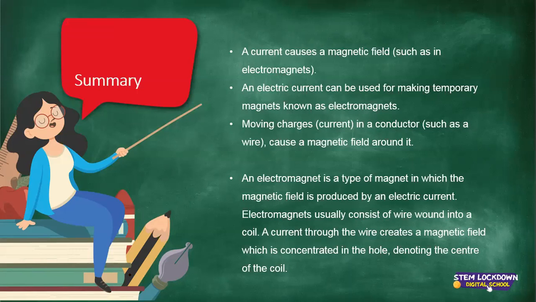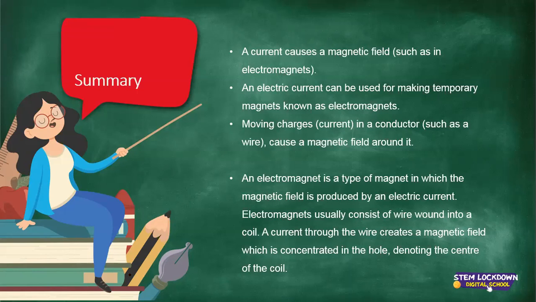Then you also learned that an electromagnet is a type of magnet in which the magnetic field is produced by electric current. And electromagnets usually consist of wire wound into a coil. So now you know that the wire is wound in a coil, and we need that length because that length gives you more current to go through it.